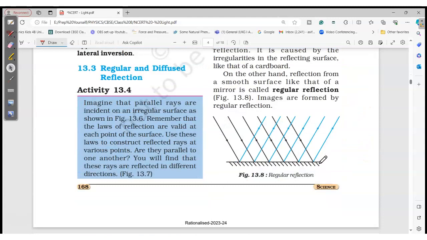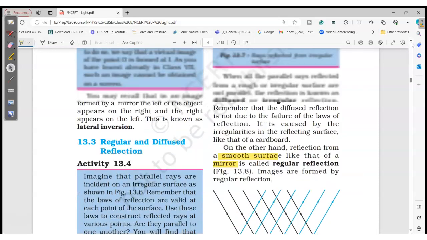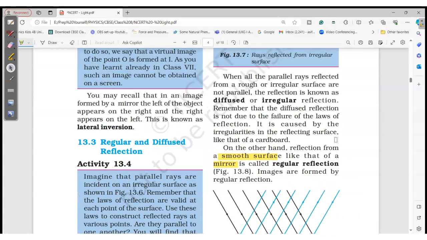This is a regular reflection which takes place in a mirror, which is a highly smooth polished surface. You see the incident rays are parallel to each other and the reflected rays are parallel too. So this is the basic difference between a regular reflection and an irregular reflection. A regular reflection takes place on a smooth, highly polished surface like a mirror, whereas irregular reflection can occur from any surface which has irregularities.